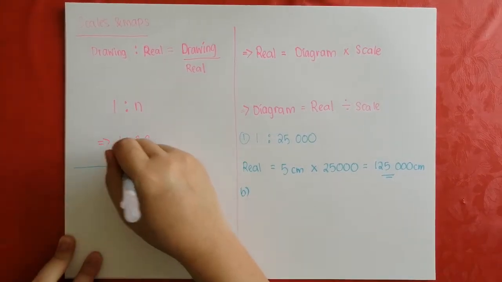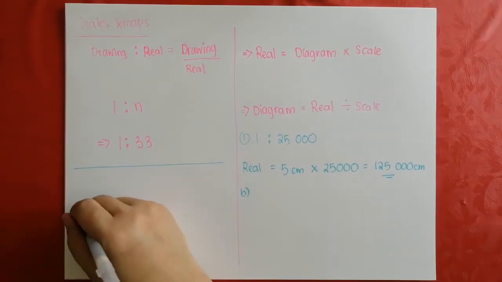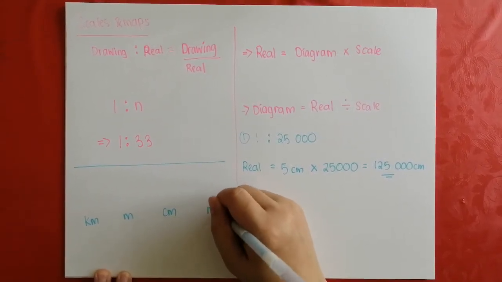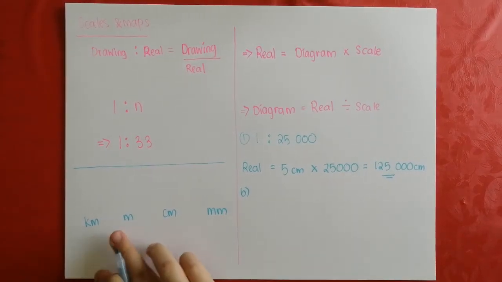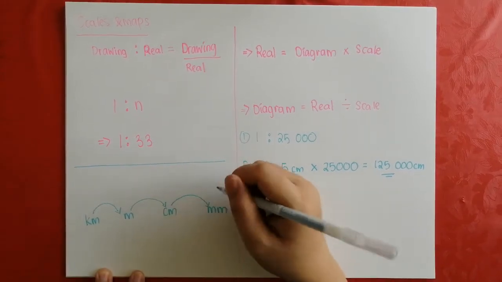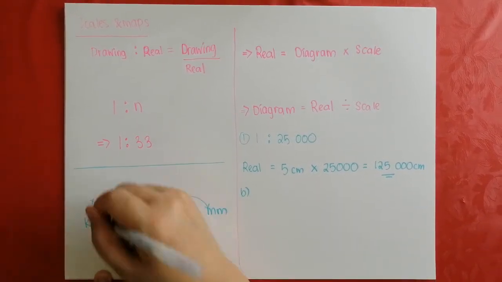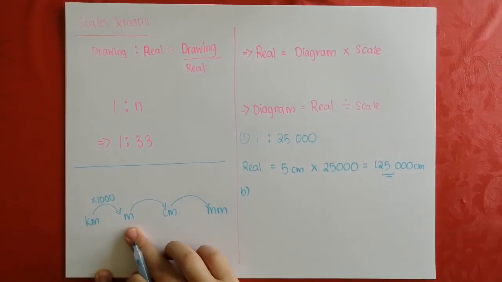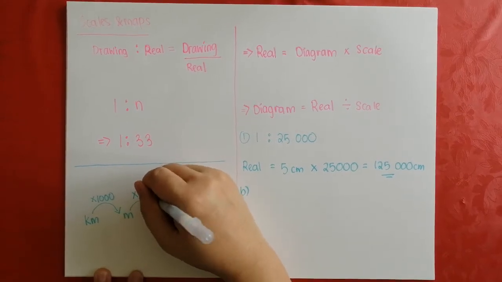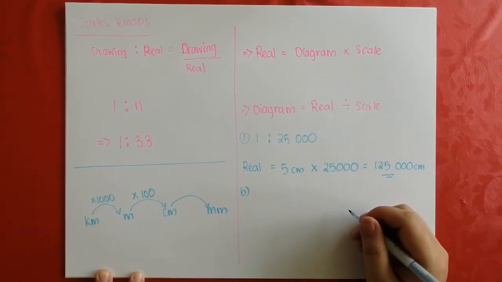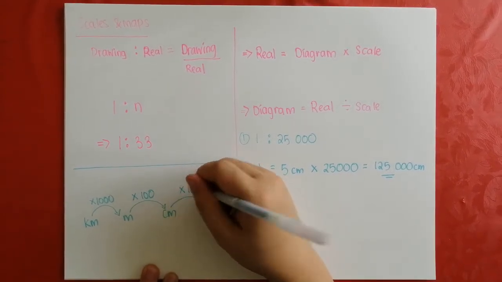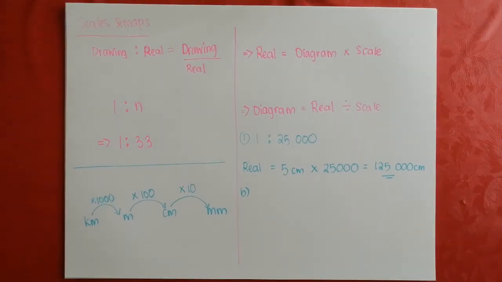To convert kilometer to meter, meter to centimeter, centimeter to millimeter: kilometer to meter, multiply by 1000, because 1 kilometer is 1000 meter. Meter to centimeter, 1 meter is 100 centimeter, so multiply by 100. Centimeter to millimeter, 1 centimeter is 10 millimeter, so multiply by 10.